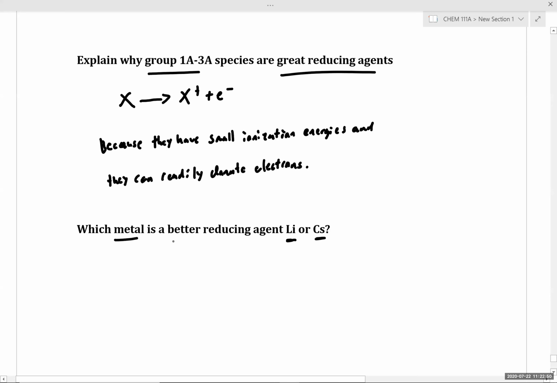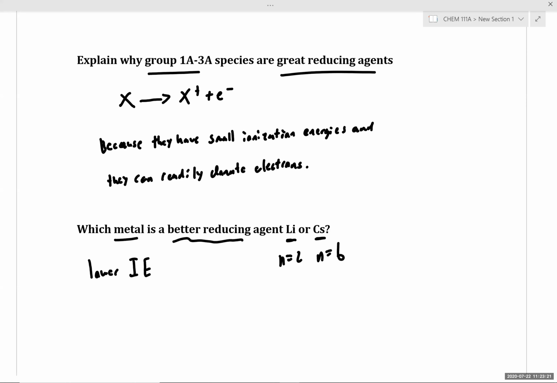So when I'm asking what metal is a better reducing agent, what I'm essentially asking is which metal has a lower ionization energy. If we compare lithium, which is N equals 2, to cesium, which if we check our periodic table, is N equals 6, which element would have a smaller ionization energy?